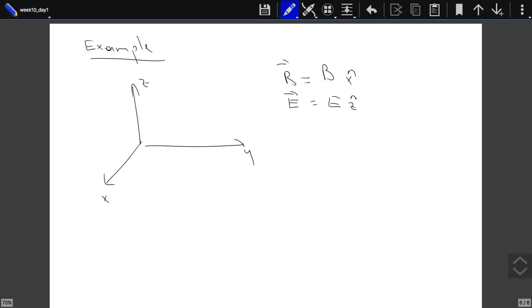This is the magnetic field, this is B. This is E. You put your particle over here, at rest, let's say, initially, and you wait a long time.